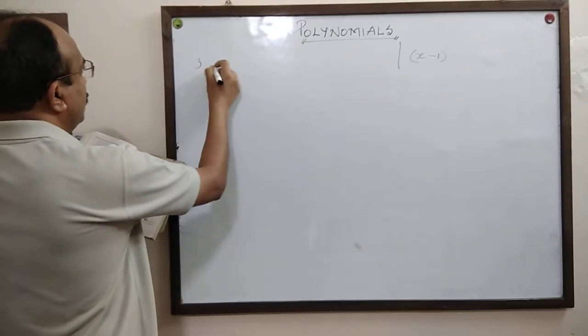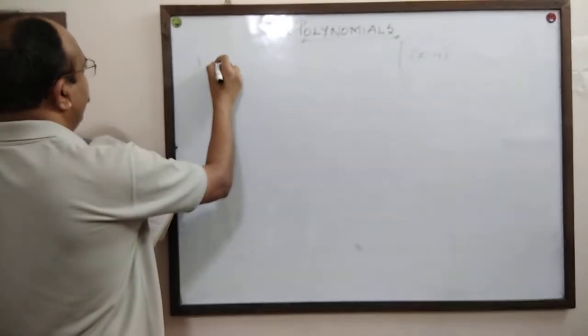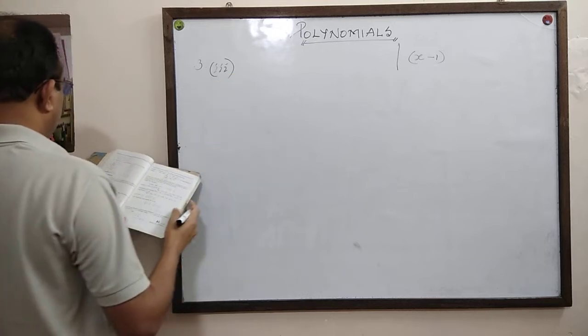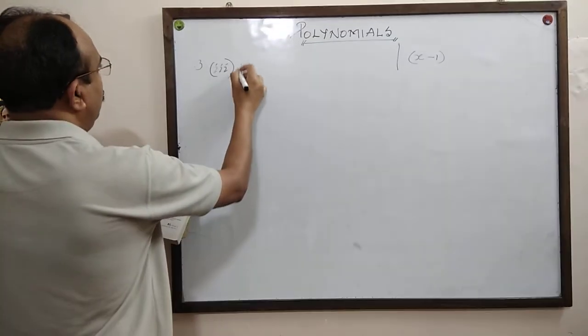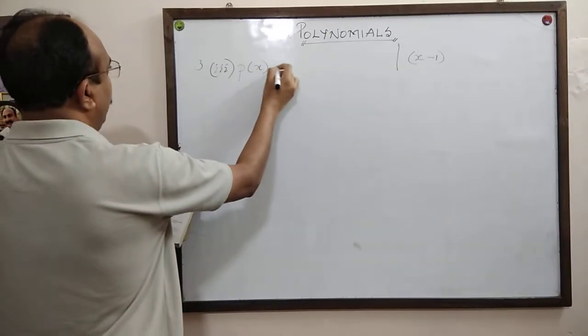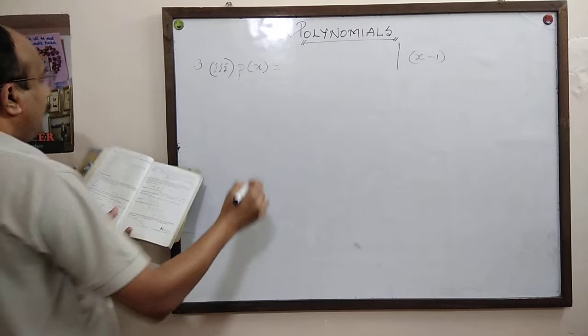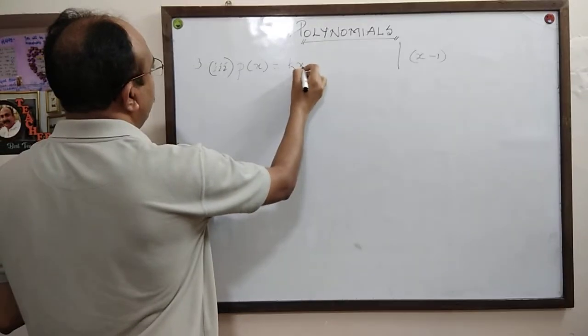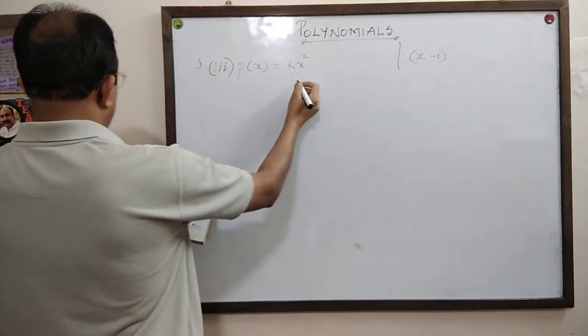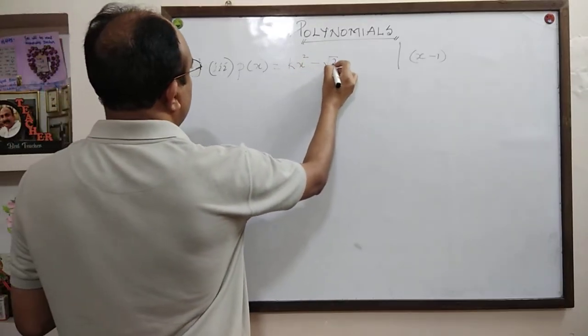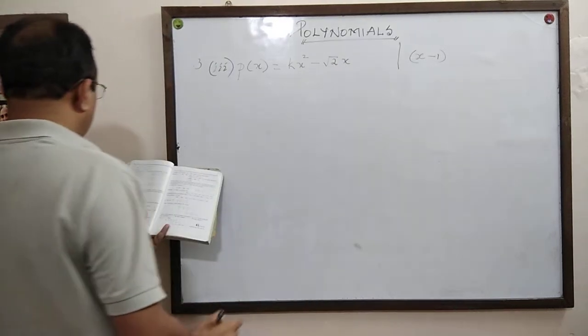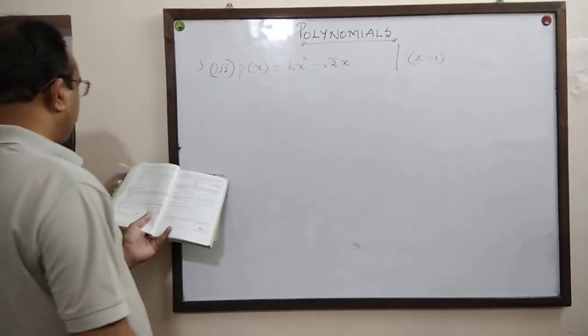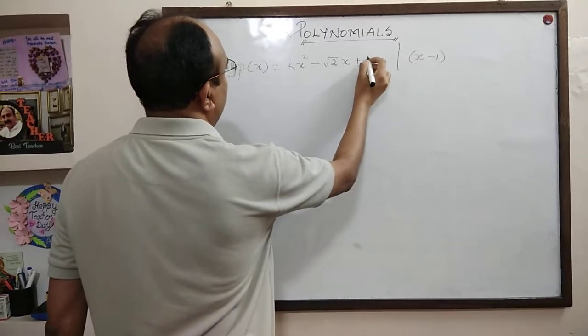Now its third part. The third part is P(x) equal to kx square minus root 2x plus 1.